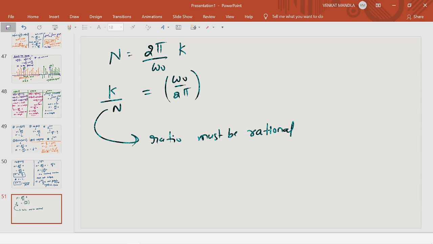K by n must be rational. That is an additional constraint for discrete time signals. So these are some important things. I want to discuss some more examples where, if we add two signals, what is the fundamental period for them? I will discuss those things in the next lecture. I'm going to stop now.